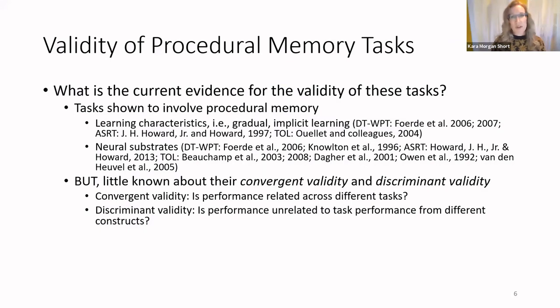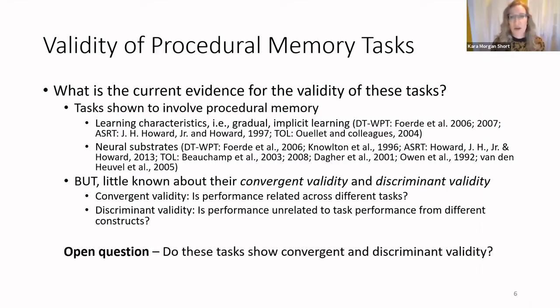But further evidence for the validity of these tasks as measures of procedural memory learning ability, at least as a broad construct, would come from examining their convergent and discriminant validity, where convergent validity would look like whether the tasks are patterning together, and discriminant validity would look like the tasks are unrelated to performance on other tasks. So here the open question is whether these procedural memory learning ability tasks show convergent and discriminant validity.